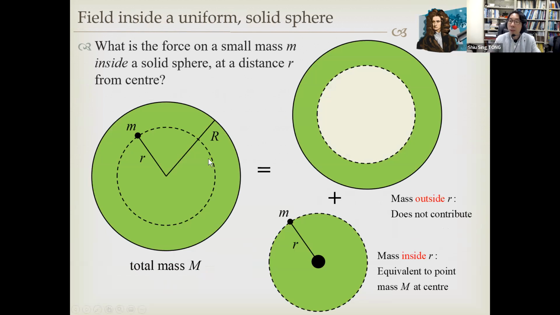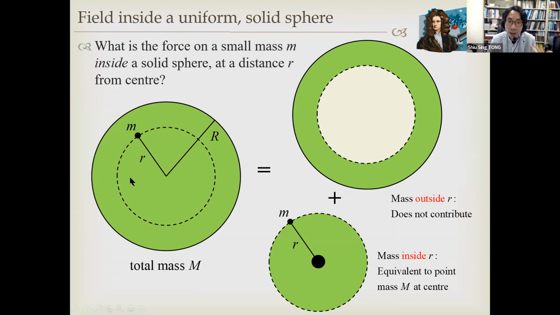Now let us use the important theorem that we have derived to calculate the gravitational force between a uniform solid sphere and a small mass, small m, that is located at a distance small r from the center of the sphere. The green thing, I draw it green deliberately because I want to emphasize that now the whole sphere is filled with a uniform mass distribution.